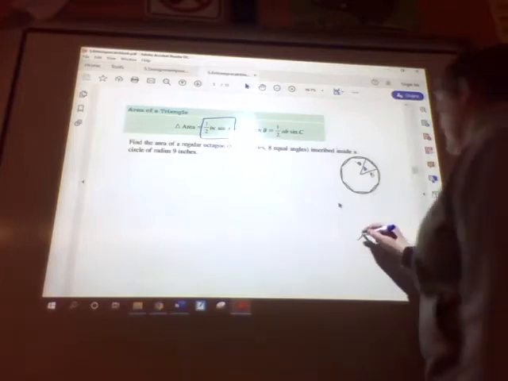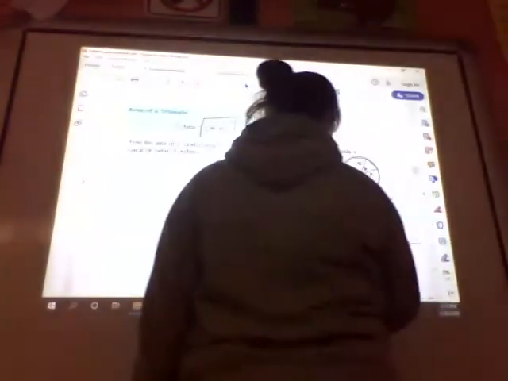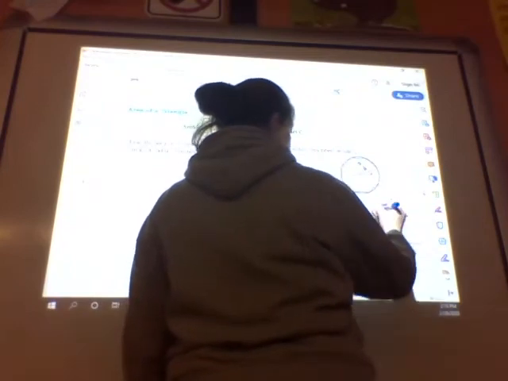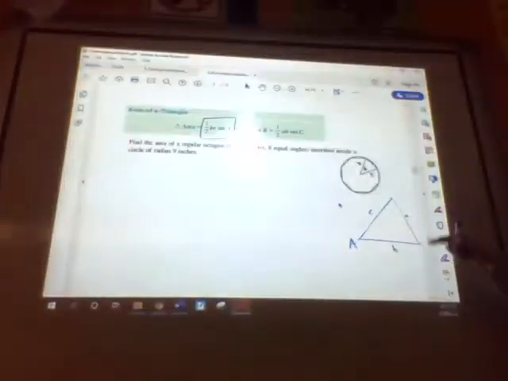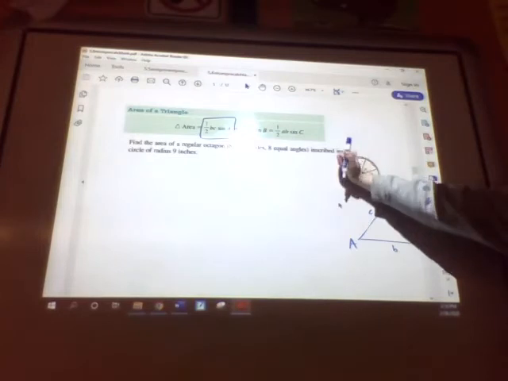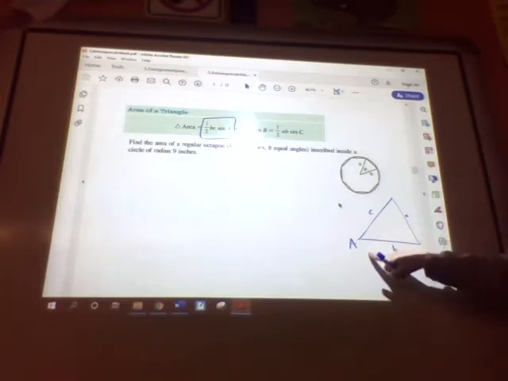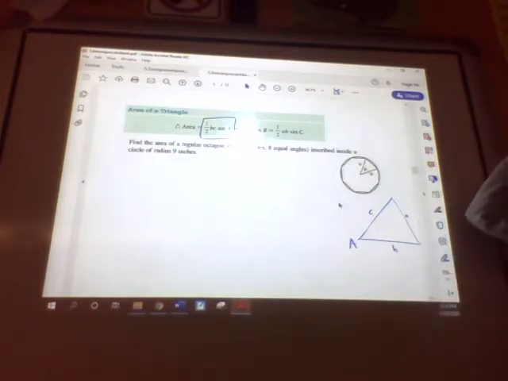Because in any triangle, if I've claimed that this angle I'm looking at is A, then this is side A, and so this has to be both sides B and C. So if we're going to use that in the example directly underneath it: find the area of a regular octagon, 8 equal sides, inscribed inside a circle with a radius of 9 inches.